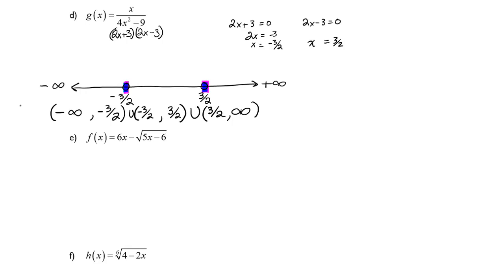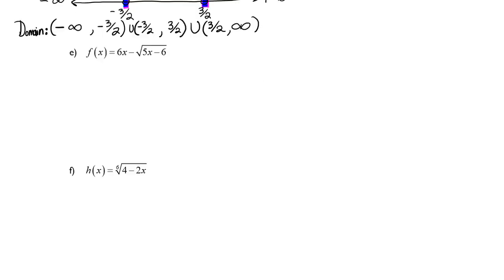That is my domain. We have f of x equals 6x minus the square root of 5x minus 6. Notice that in this example, we do not have fractions, but we do have a radical.